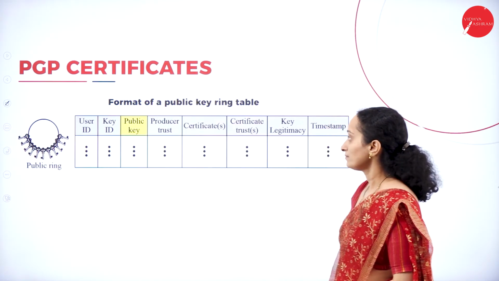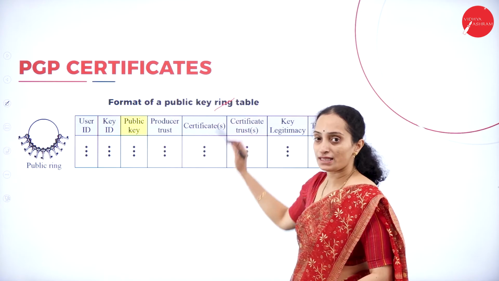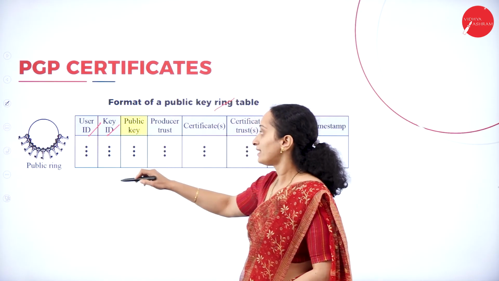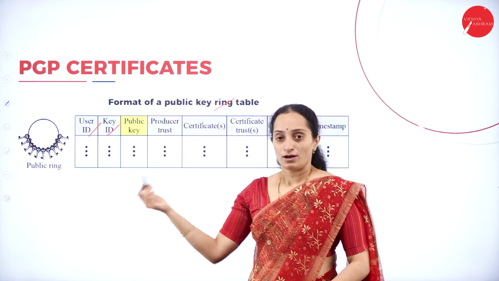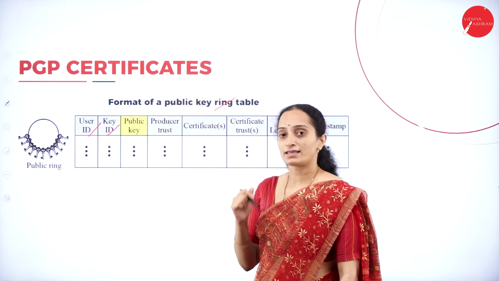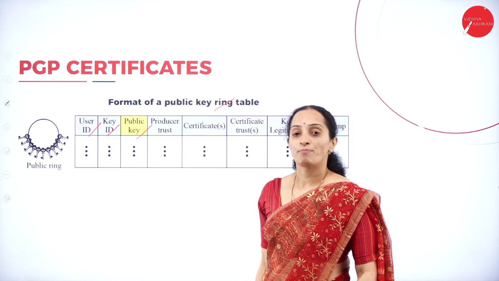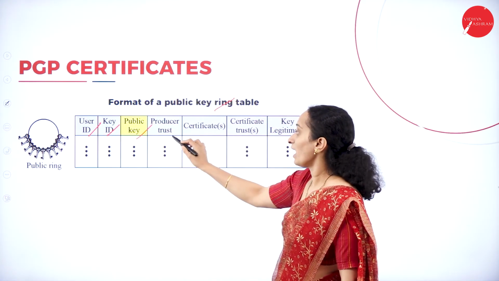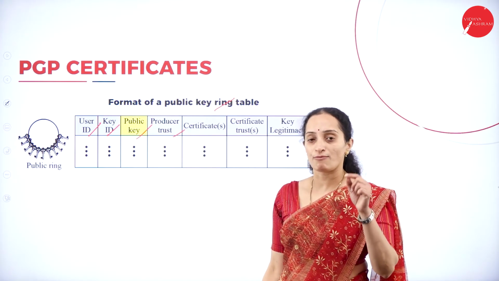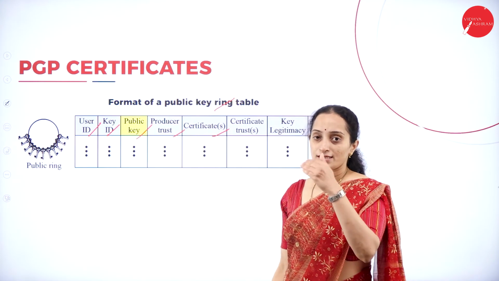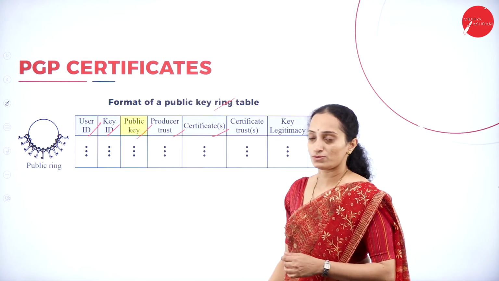Okay. Now we have the public key ring table. What does it have? User ID, key ID. User ID is whose key this is. So that will be the user ID, key ID, public key value. Then we have the introducer trust, who is the one who has released the certificate, the certificates that are released for the user.